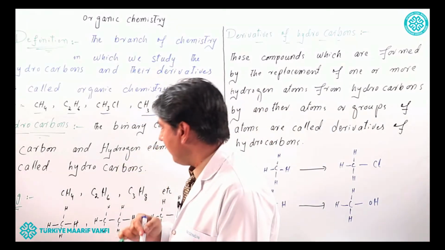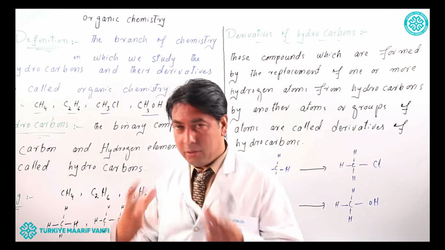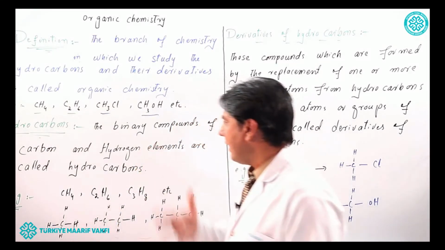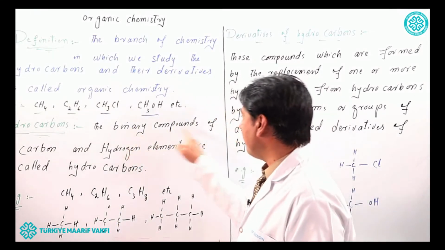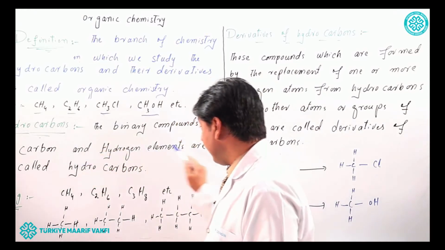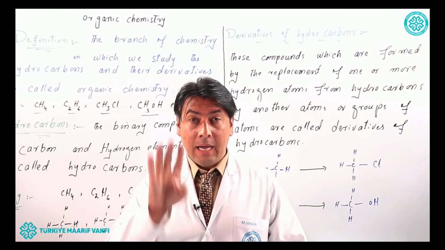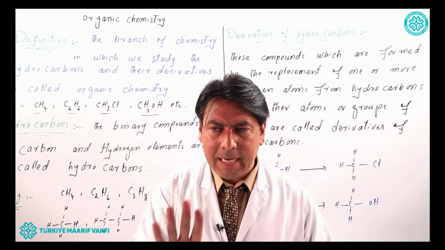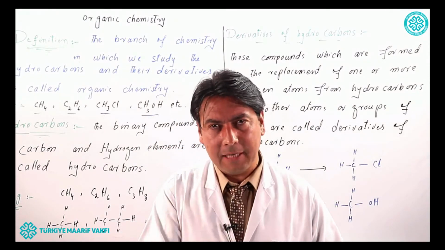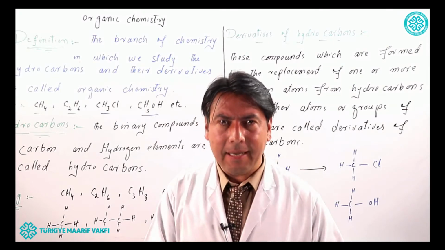Now I am going to define hydrocarbons. The binary compounds of carbon and hydrogen elements are called hydrocarbons. Hydrocarbons are made of two types of elements, carbon and hydrogen.